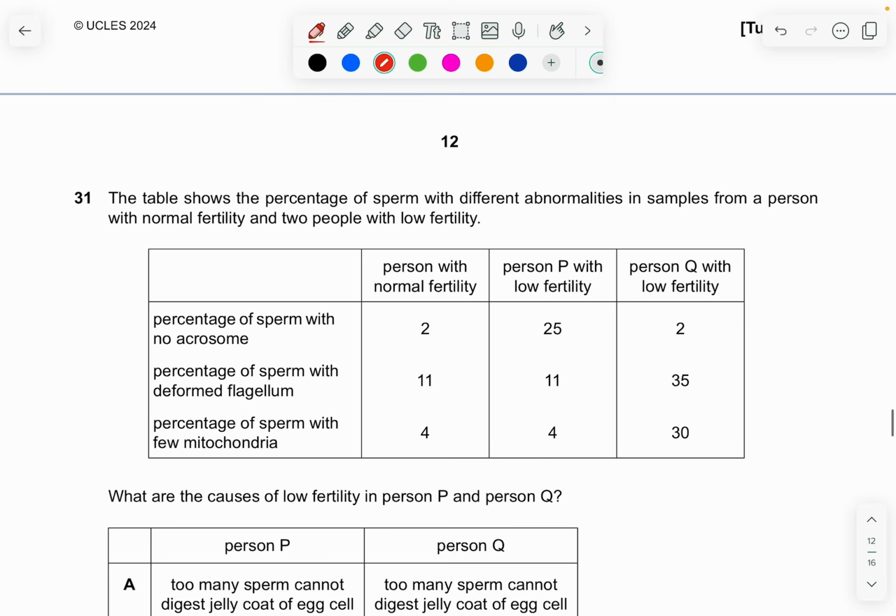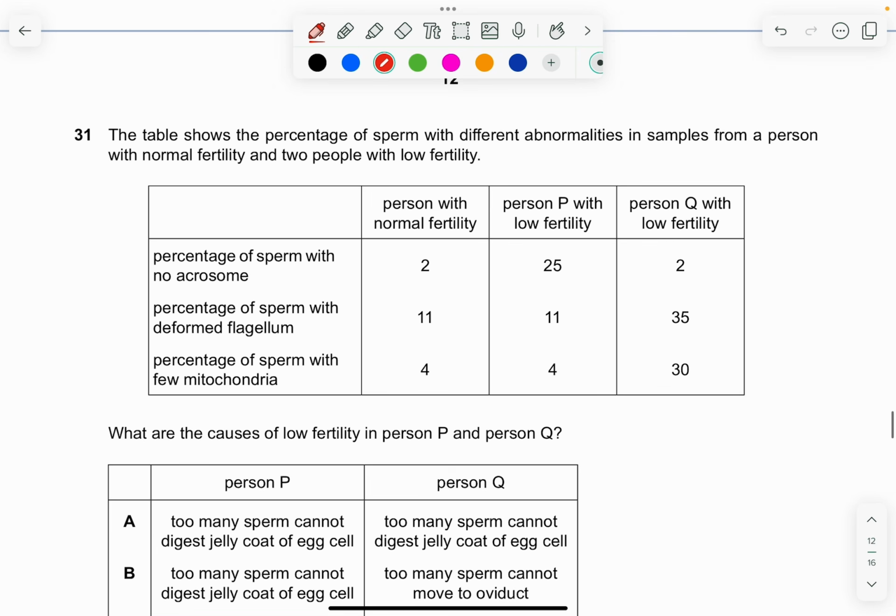Okay. Question 31. The table shows the percentage of sperm with different abnormalities in samples from a person with normal fertility and two people with low fertility. So you can see that the person with normal fertility, there's 2 percent of the sperm with no acrosome, 11% of the sperm with deformed flagella, and 4 with fewer mitochondria.